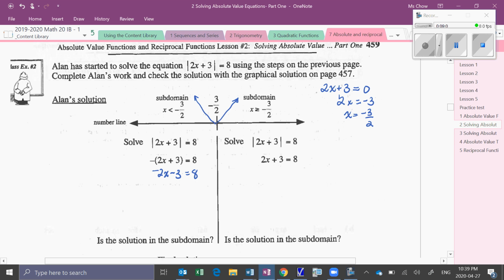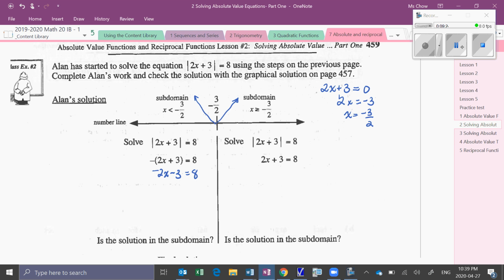And on the right side, this other subdomain, we've got x greater than or equal to -3 halves, and so you can see here we've got the positive slope, so then we're just taking the positive version of 2x plus 3, which is of course itself.